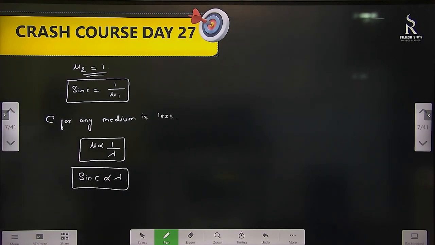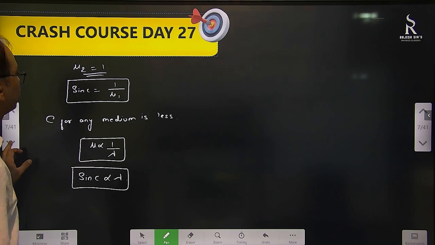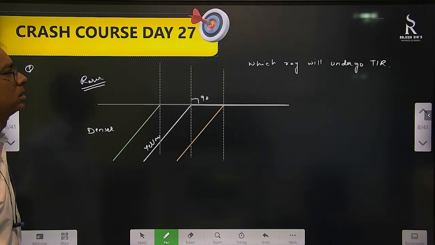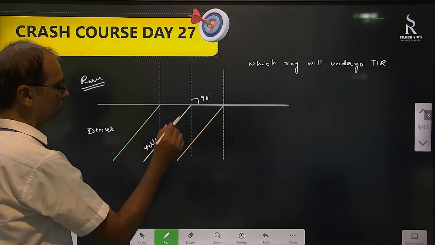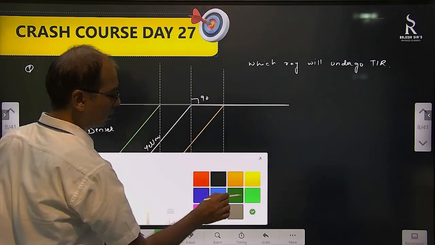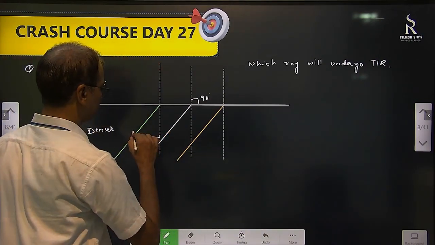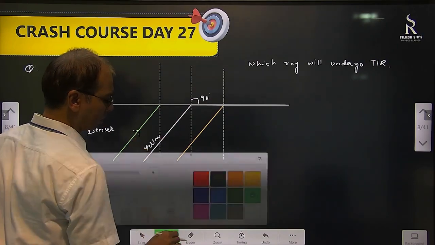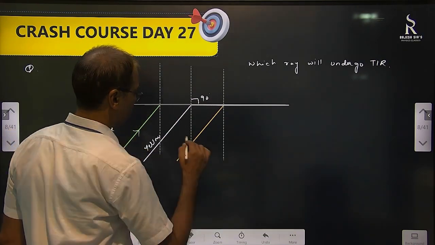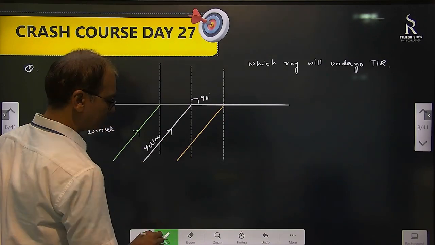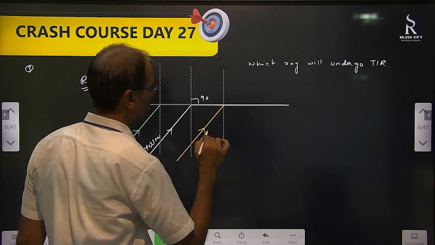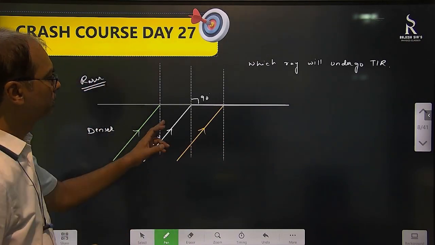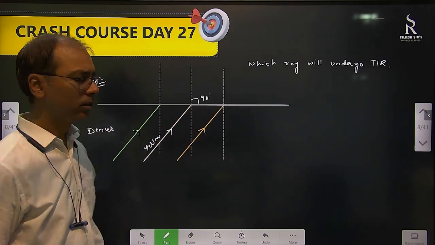Okay, so let's see one question based on this. Here is the question. This is the denser medium, this is the rarer medium, and this is how the light is going. Three lights are there: one is green, one is yellow, another one is orange. We can see that the yellow one is passing through the surface.